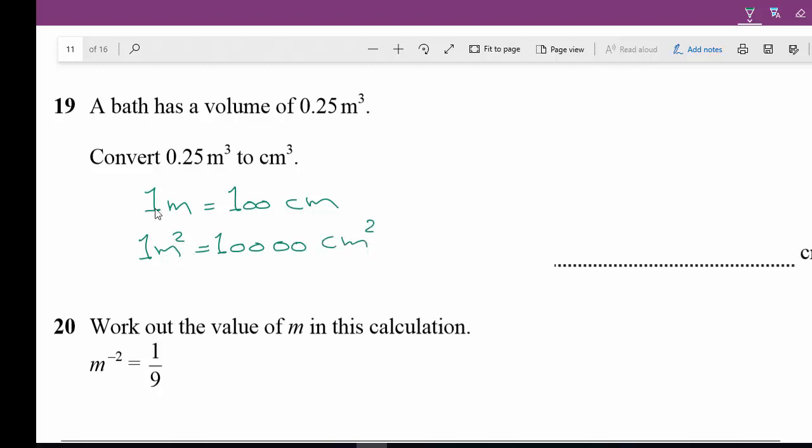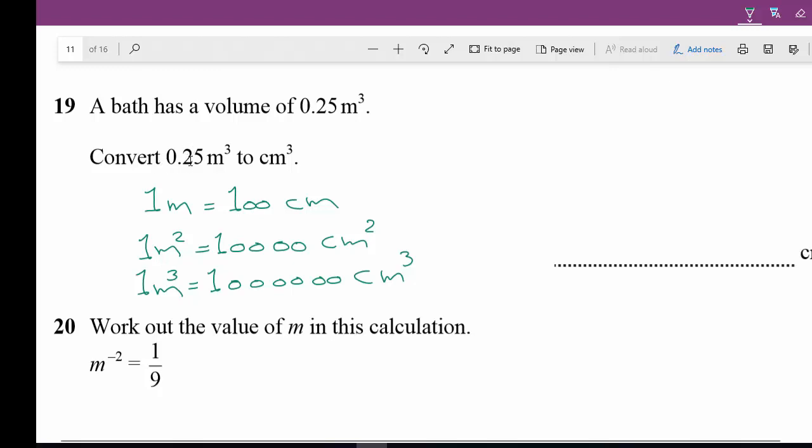When the meter becomes cube, this 100 must be multiplied by itself 3 times. So 1 meter cube is 100 times 100 times 100. That gives 1 million centimeter cube. The question doesn't have 1 meter.